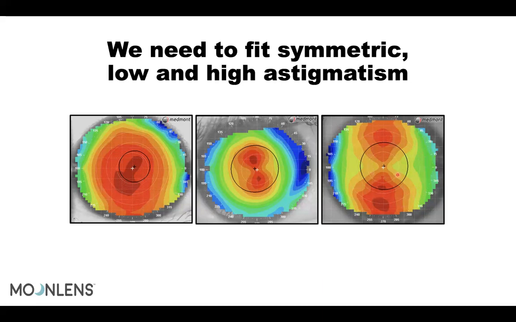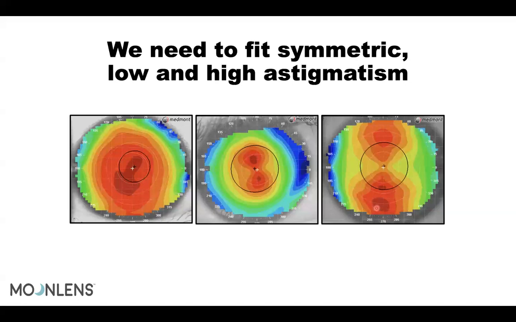So if we were about to fit an asymmetric Ortho-k lens, we would probably see a really good fit here, but we would see some fluorescing in this portion of the lens.